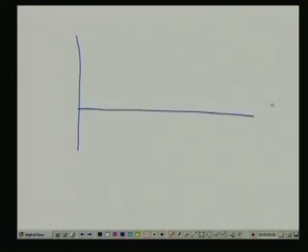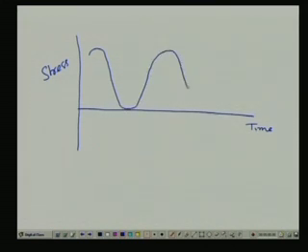Say this is your time, this is your stress, and it is going like this.